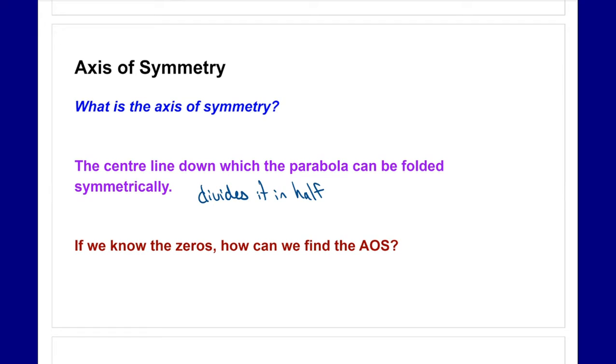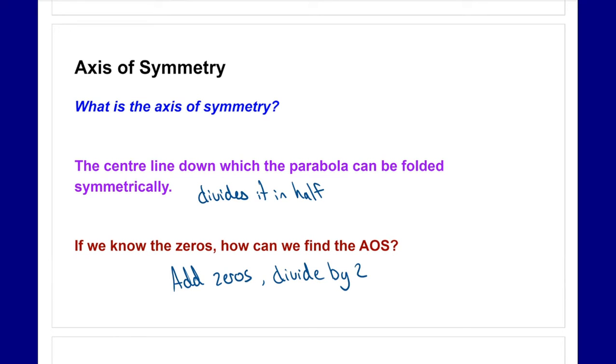If the zeros are on two opposite ends of our parabola, we add our zeros, and then divide by 2.